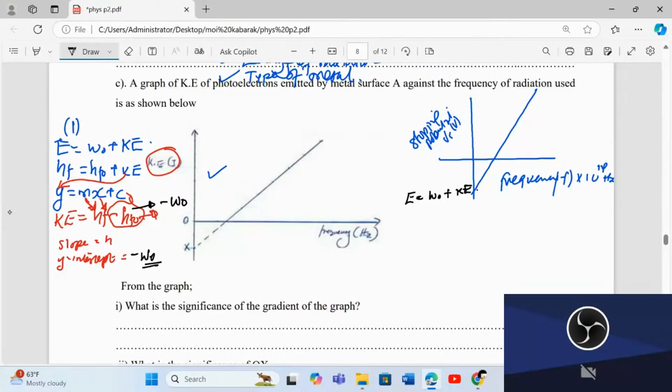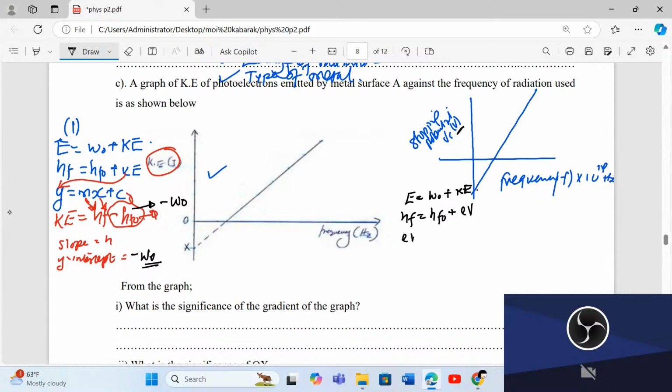Therefore, hf is equal to hf naught plus eV. And since V is the one on the y-axis, we make it the subject of the formula.